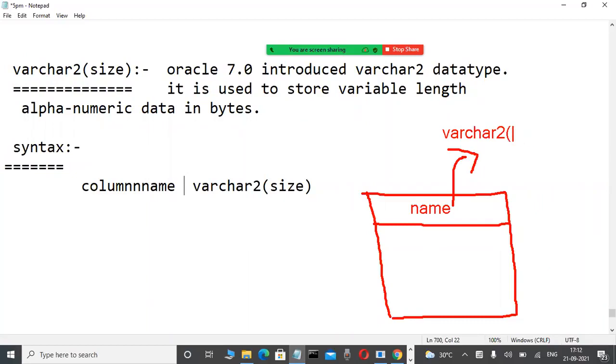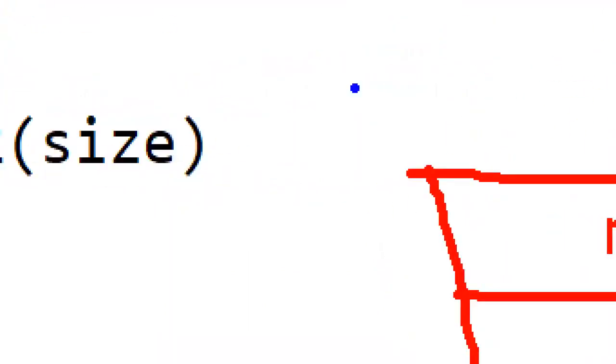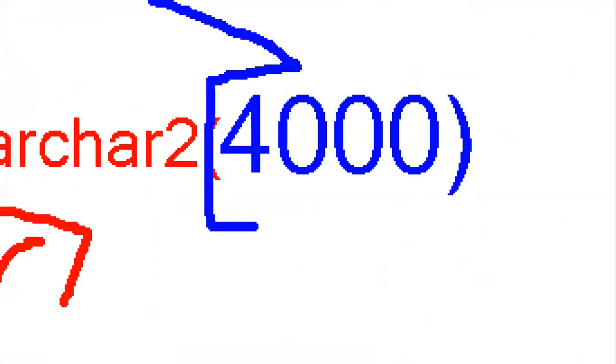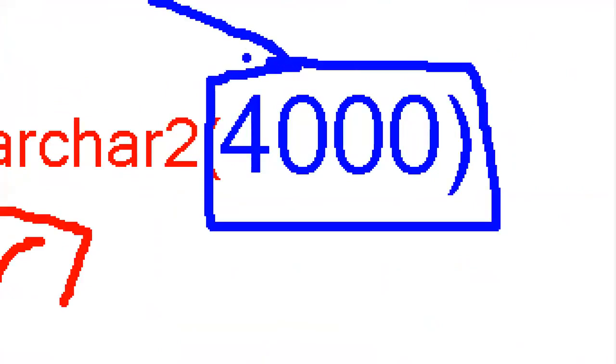The maximum size of the Varchar2 data type is up to 4,000 bytes. That is the advantage: more data.